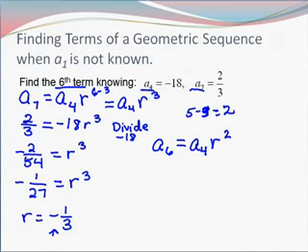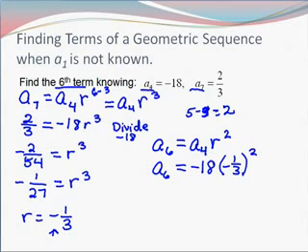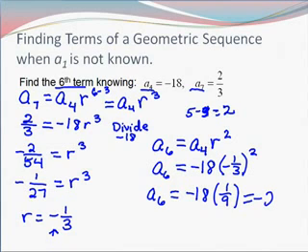So let's substitute in. A6 equals negative 18 times negative 1/3 squared. So that's going to give us A6 equals negative 18 times positive 1/9 now. And the 6th term is negative 2.